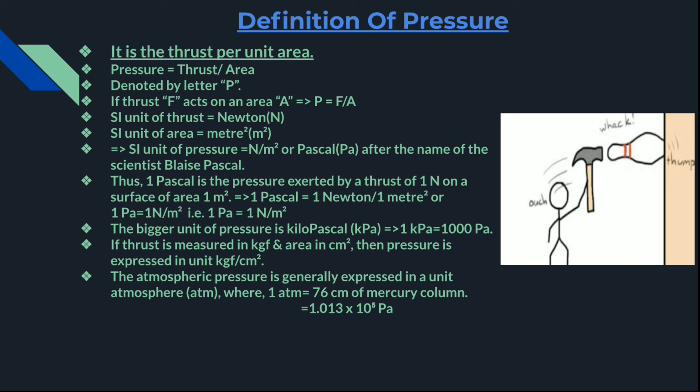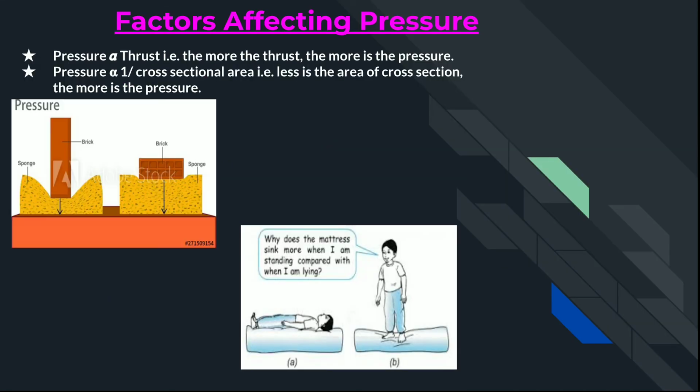1.013 can be approximated to 1 into 10 to the power 5 pascals. The factors which affect pressure are thrust and the cross-sectional area.